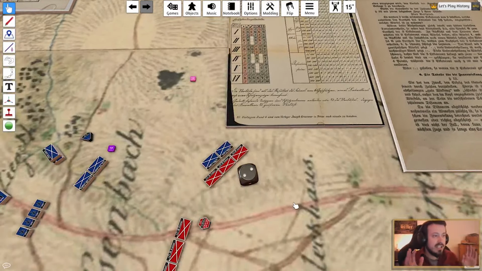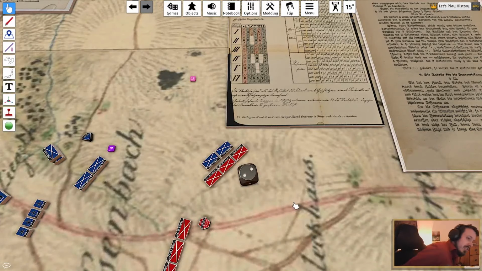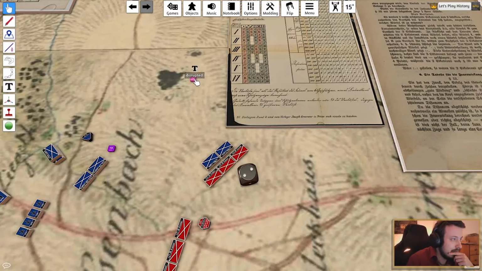Is there anything else which might influence the result? Let's say the smaller unit here was disrupted. And how you get rid of disruption is staying out of combat for 10 turns and not moving rapidly and all that stuff. So basically resting out of combat for 10 turns.